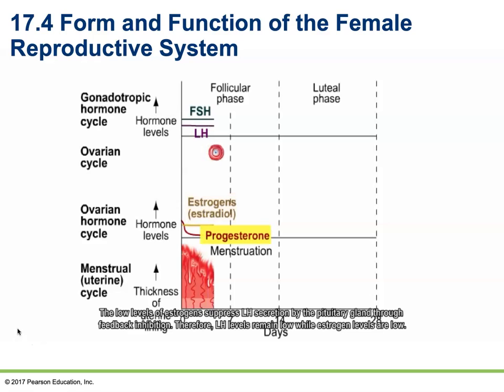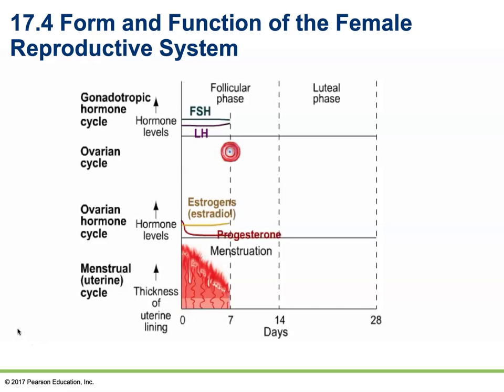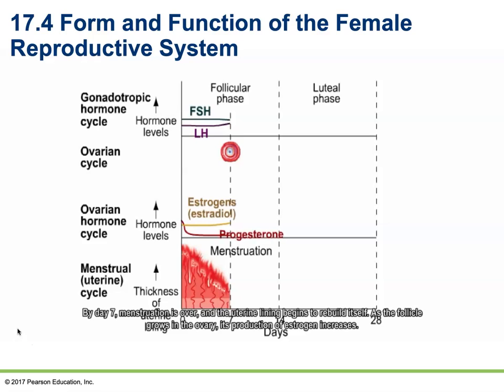The low levels of estrogen suppress LH secretion by the pituitary gland through feedback inhibition. Therefore, LH levels remain low while estrogen levels are low. By day 7, menstruation is over and the uterine lining begins to rebuild itself. As the follicle grows in the ovary, its production of estrogen increases.